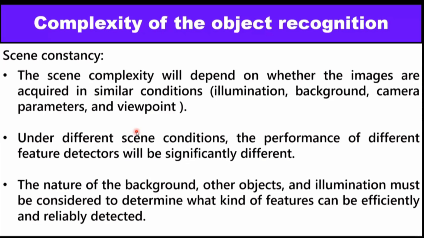But in case of dynamic objects, scene complexity will be a very important parameter, because for matching two images, that is the input image and the reference image, the images must be acquired in similar conditions: the illumination, background, camera parameters, and the viewpoint.